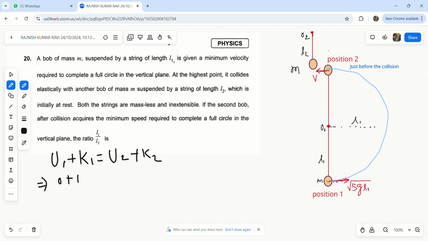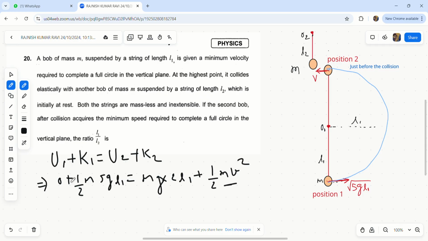Kinetic energy is half m times v squared, which is 5gL1, and that equals U2, which is mg times 2L1, plus half m v squared. Since we have marked the speed at position 2 as v, we use half m v squared here. Solving this equation, we end up with v equal to under root gL1.